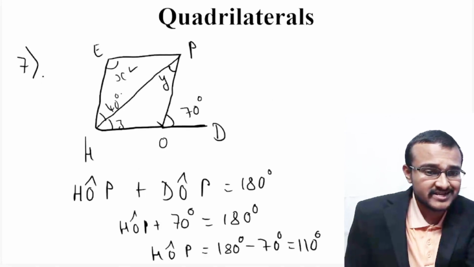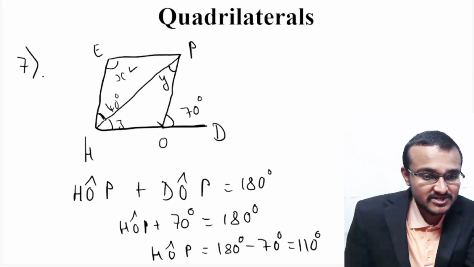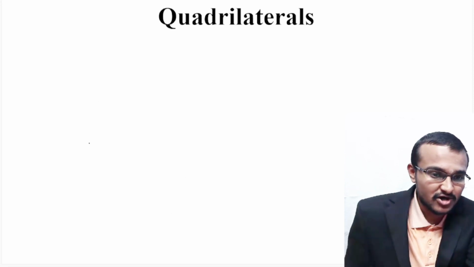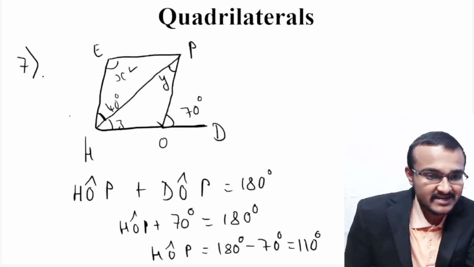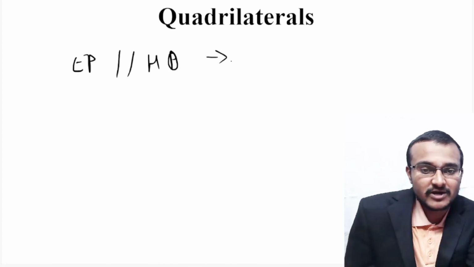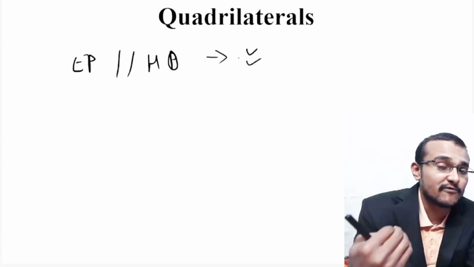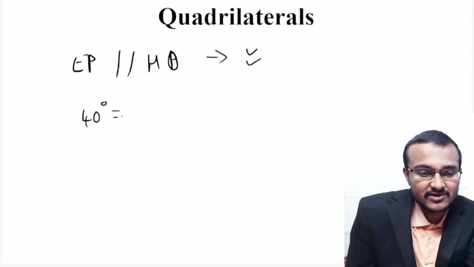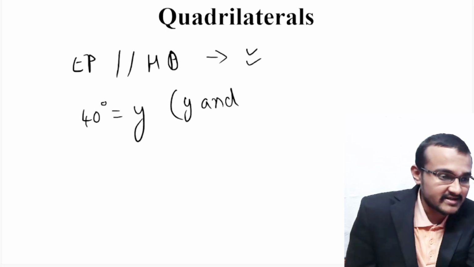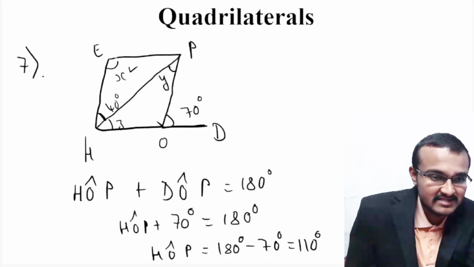Now let us go to the next property, where this particular 40 degrees is equal to this particular Y, because EP is parallel to the opposite side HO. This is one property of a parallelogram which you can state, because opposite sides of a parallelogram are parallel to each other. 40 degrees is PHE.